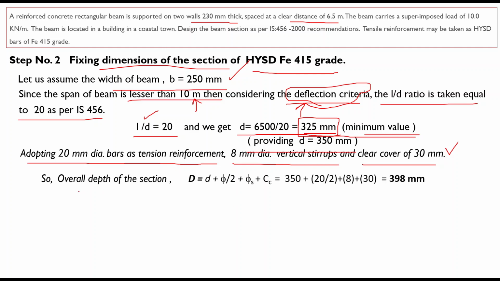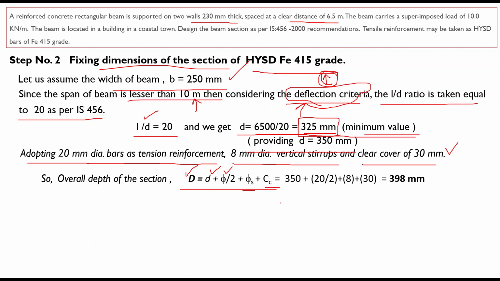So what will be the overall depth of the section? That we can calculate from this formula, where capital D is the overall depth and small d is the effective depth of the section, and phi will be the diameter of the main reinforcement. Now just note here that we are going to design only a singly reinforced section. So steel will be provided only in the tension zone, and phi s we can consider as the diameter of the stirrup.